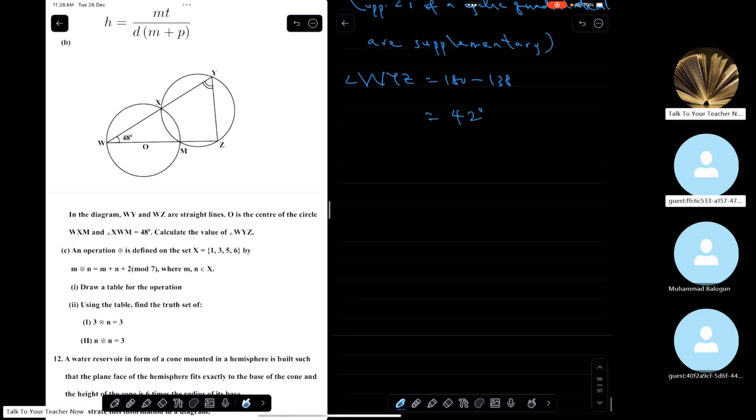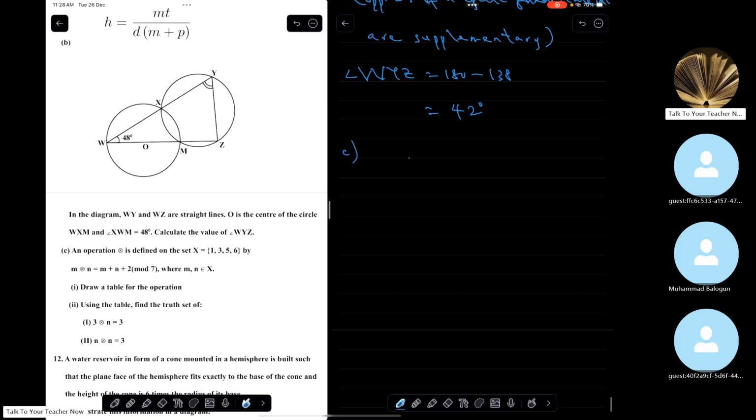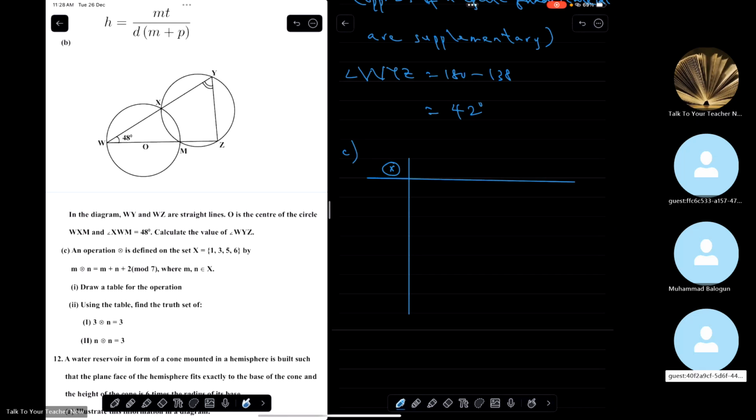Okay, so now let's go to this one. That's 11C. How do you make the table? I think Abradud had a good attempt. So this is the operation circle times. Who can tell us how to make the table?